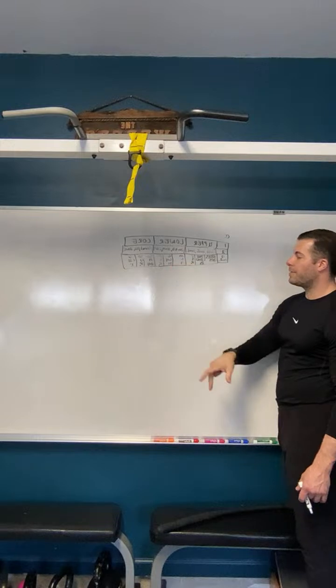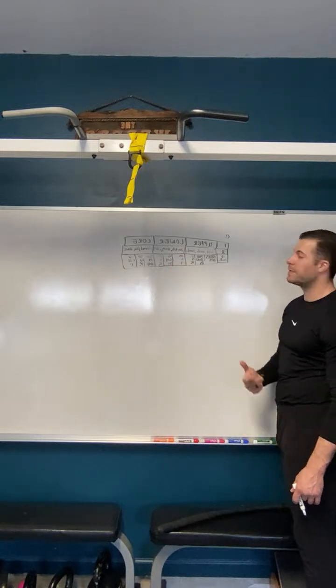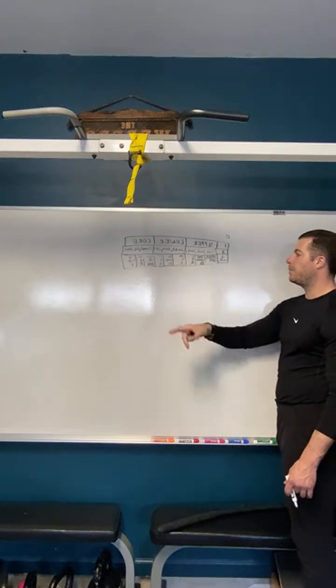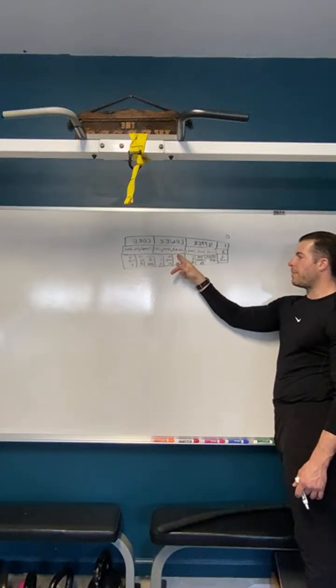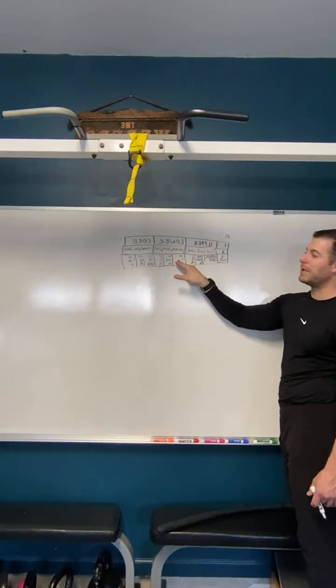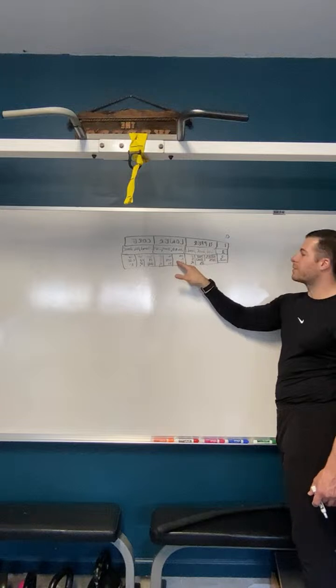For quads, you're thinking about squats, lunges, split squats, lateral squat. For medial, you think step ups. Lateral, you're thinking leg extensions. And for adductor focus, you're thinking sumo squats or lateral squats.